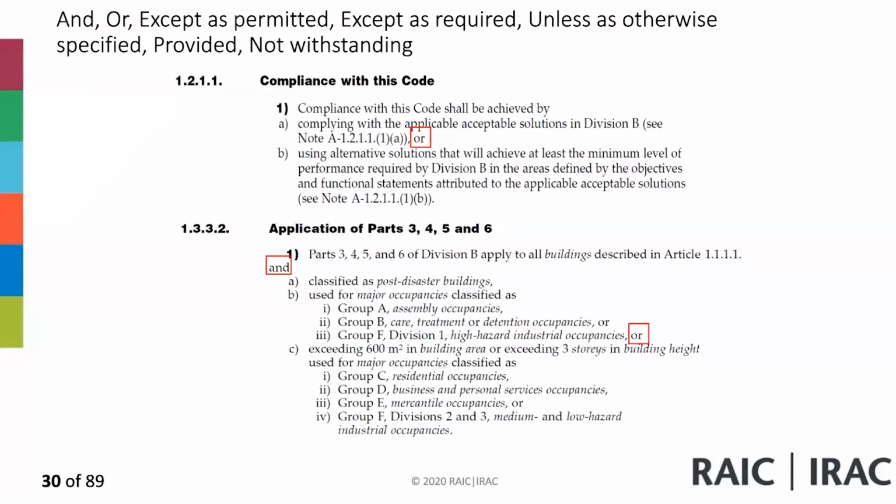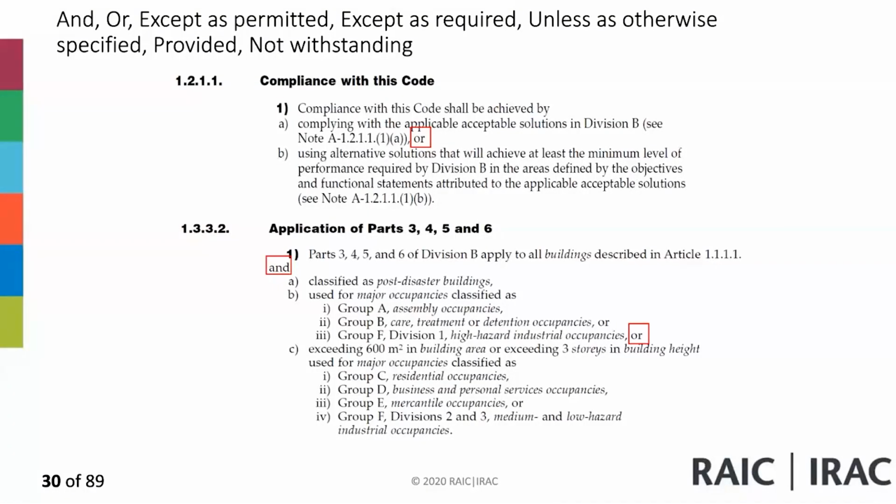You see the term or. So or tells you that you can use the acceptable solutions in Division B, or otherwise you can use the alternative solutions that will achieve the minimum level of performance, based on comparing the objectives and functional statements attributed to the prescriptive requirements to those of the alternative solution you're presenting. There are clarification notes on this.